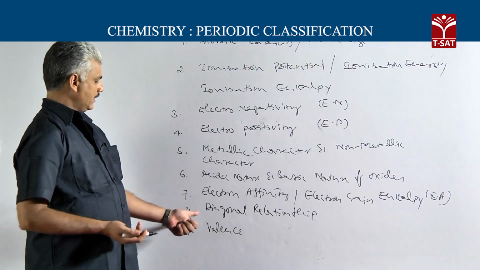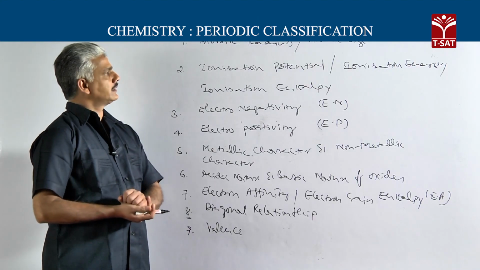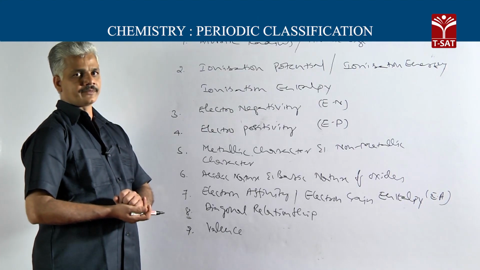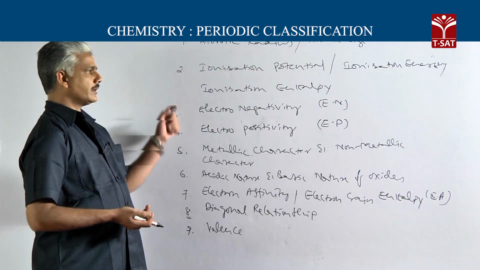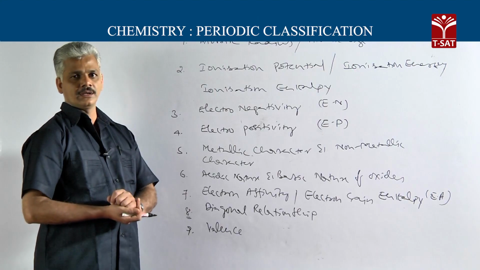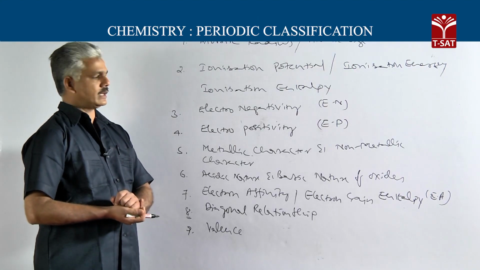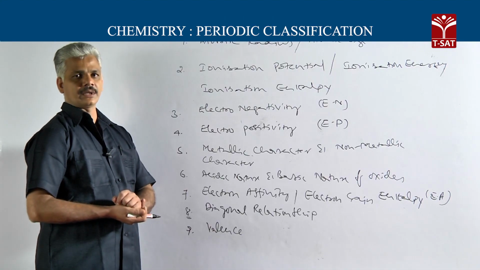That is why diagonal relationship is sometimes not considered a periodic property. The remaining 8 properties are applicable throughout the periodic table, and hence they can be considered periodic properties.